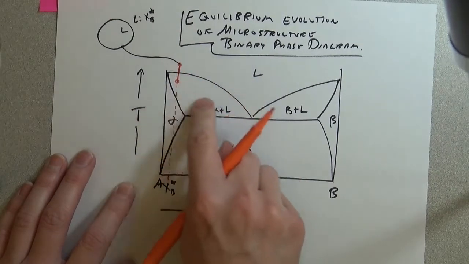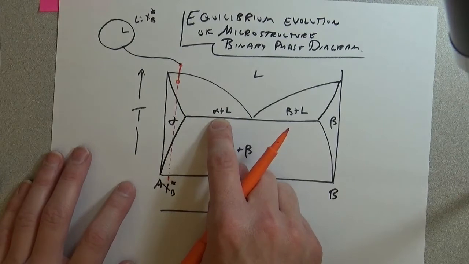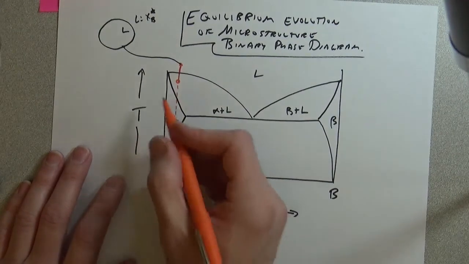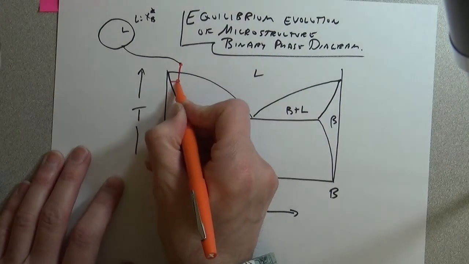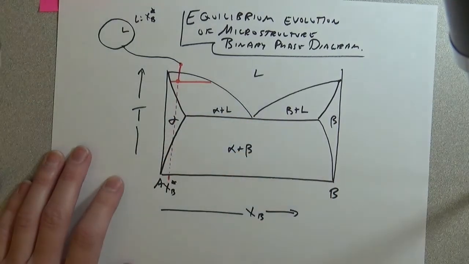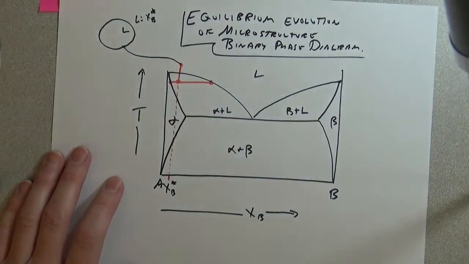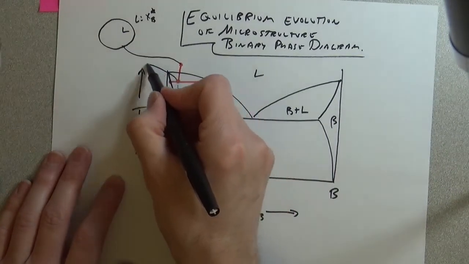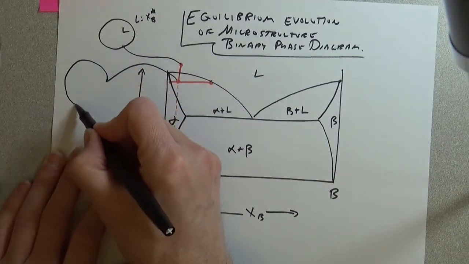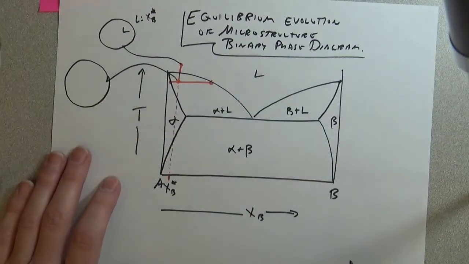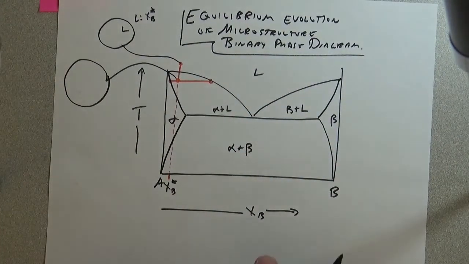We're going to cool down until we're in the two-phase region, alpha plus liquid. And in the two-phase region, we draw our tie line, here and here. And the microstructure, if you look at this, with the inverse lever rule, we can say how much is alpha and how much is liquid.